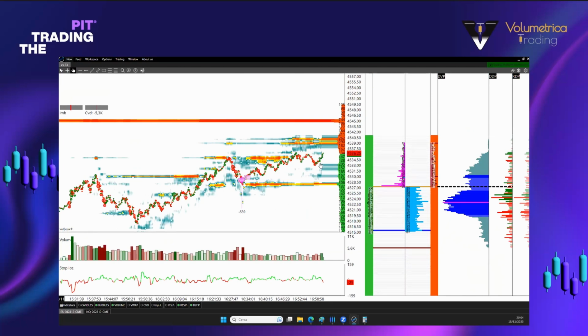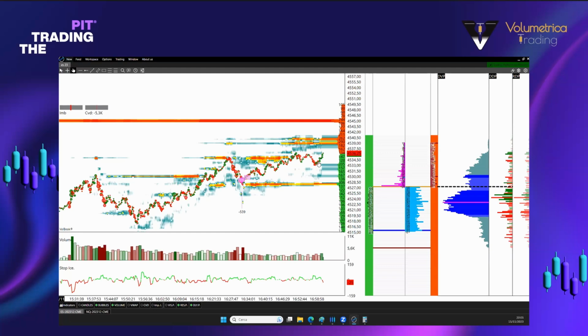What does this mean? As we said last time, there is a major interest to go to the upside. At the same time, that doesn't mean the market necessarily has to go up, because in order for the market to go up and reach those levels of liquidity, of course, we need aggressive traders trading in that direction.